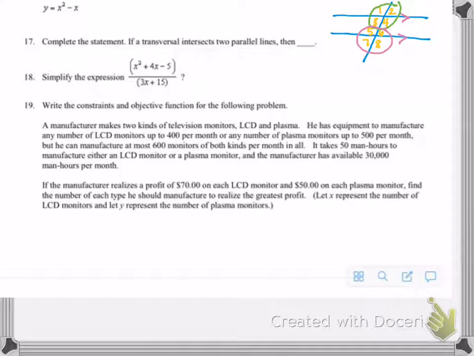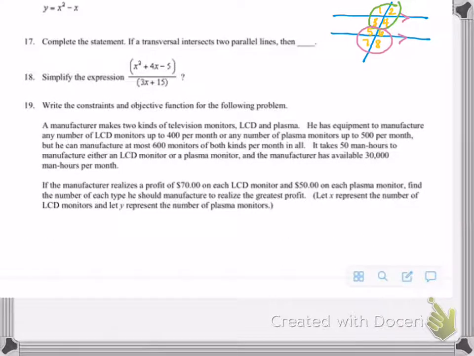Then we have 3 and 6. 3 and 6 are alternate interior angles because they're between the two parallel lines and on opposite sides of the transversal. 4 and 5 are also alternate interior angles. Alternate exterior and alternate interior angles are also congruent. So those are other ways to complete the statement.